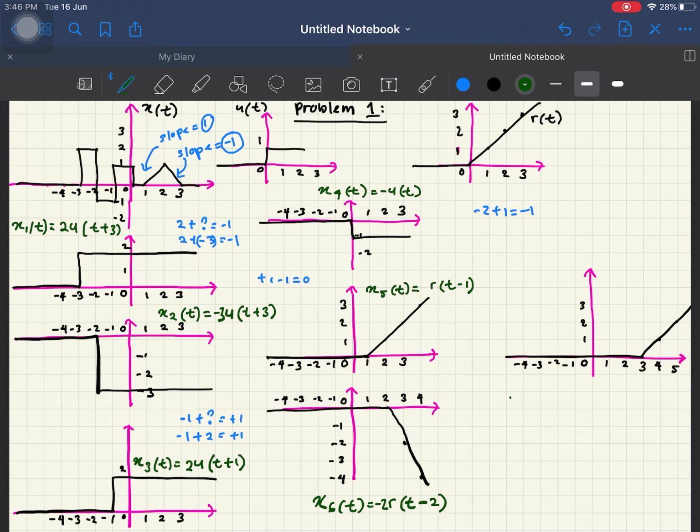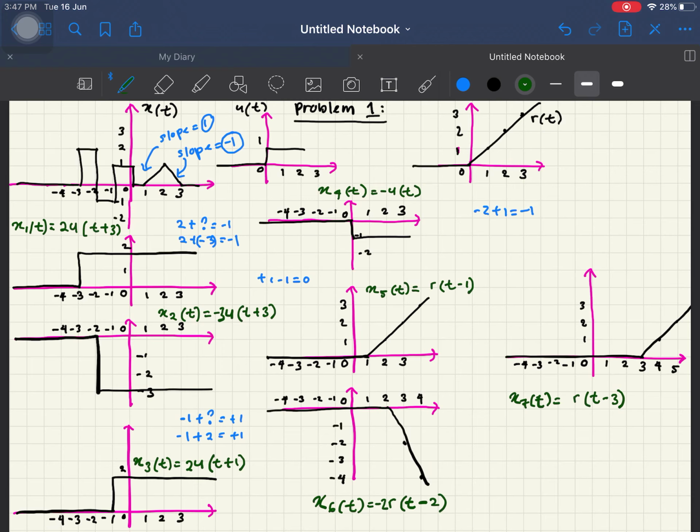So x7 of t is equal to a ramp signal shifted to the right by 3 seconds, and the slope is 1.